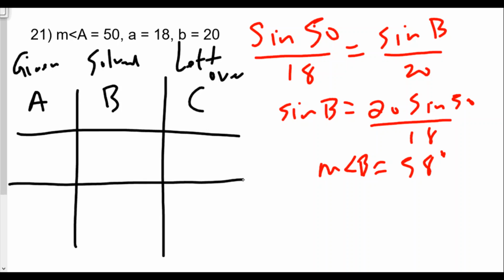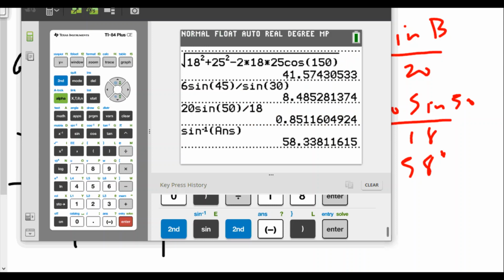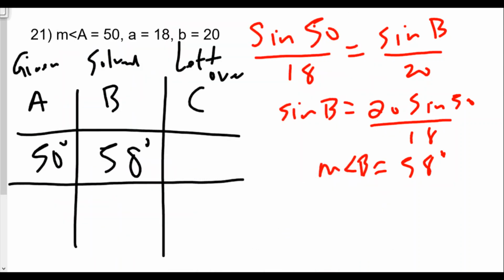We were given angle A is 50 degrees. We solved angle B to be 58 degrees. Just want to make sure, because I sometimes make mistakes. Yep, 58 degrees. And therefore angle C is 180 minus 108, and that'd be 72 degrees. That's one possible triangle, okay?